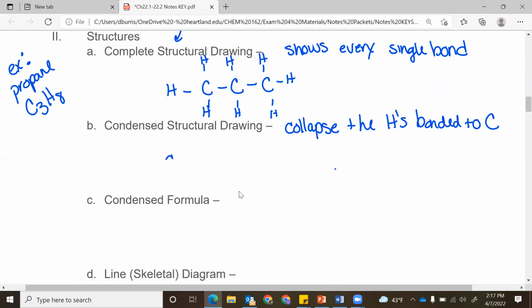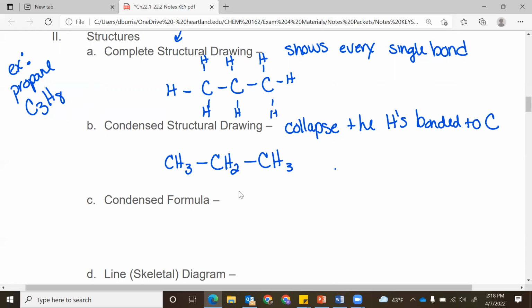That is a condensed structural drawing. We still show the bonds between the carbons most of the time. Sometimes you'll see it without, but you don't have to show where all of the hydrogens are.